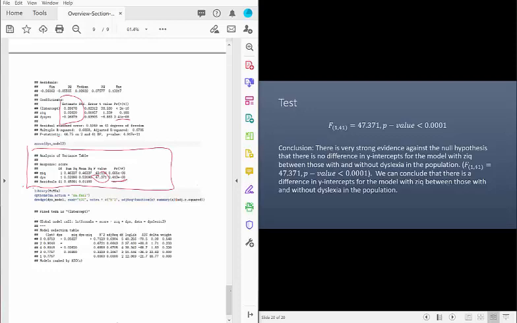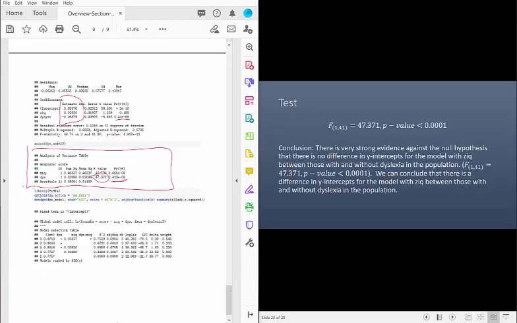Remember that the t-test will give an accurate p-value for the test of the indicator variable if there are only 2 levels of our categorical variable. Based on this p-value, there is very strong evidence against the null hypothesis that there is no difference in y-intercepts for the model with ZIQ between those with and without dyslexia in the population.